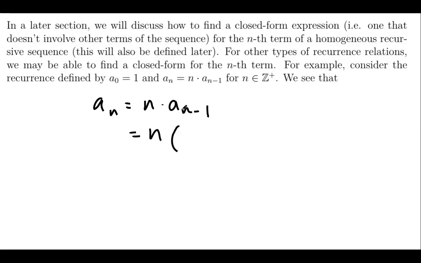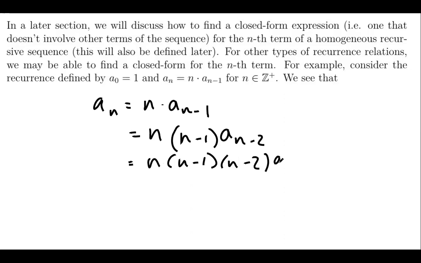And then that means a_(n-1) is (n-1) times a_(n-2), and so on. So if we keep going, we'll find that it's n times (n-1) times (n-2), all the way down to a_0, which is 1.